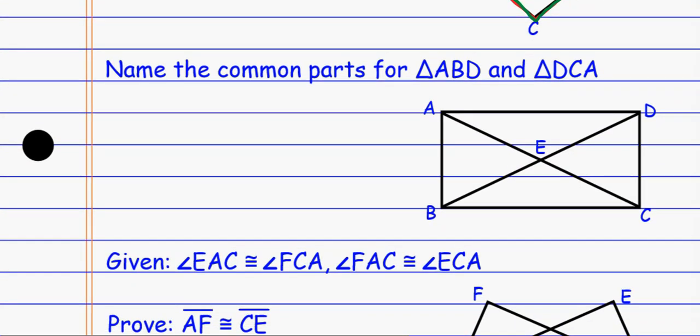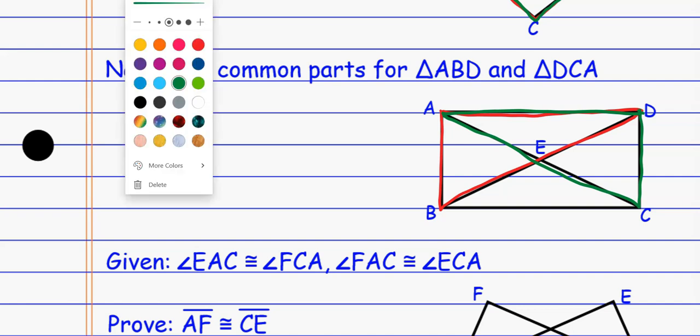If I look at this one, same kind of thing. If I trace these out, I want ABD, so ABD is this triangle right here. And then triangle DCA, so DCA is this triangle right here. The thing that they have in common, the common side or common angle that they each share, would be segment AD up there.